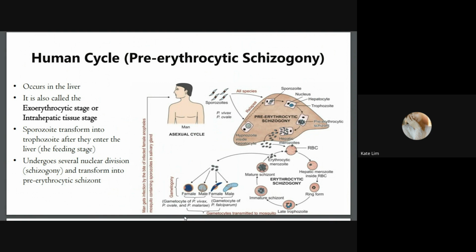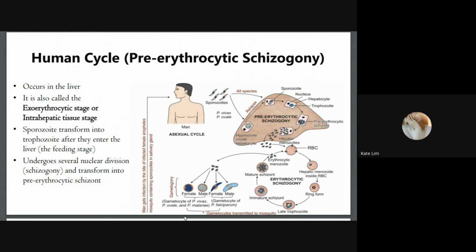If you have remembered and reviewed your life cycle, once a mosquito injects the motile sporozoites into the bloodstream, these sporozoites quickly leave the circulation and enter the liver. By the way, the sporozoites enter the liver within 30 minutes.